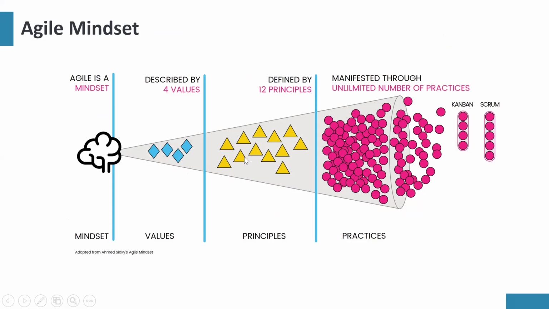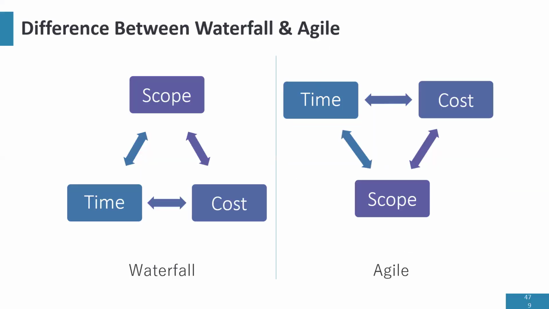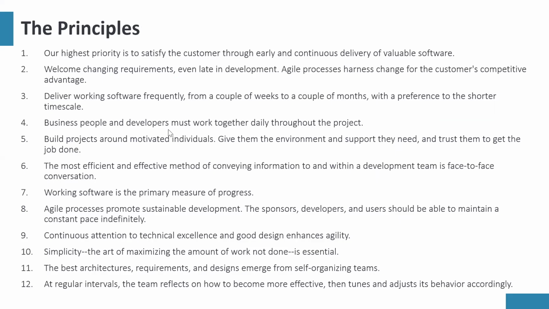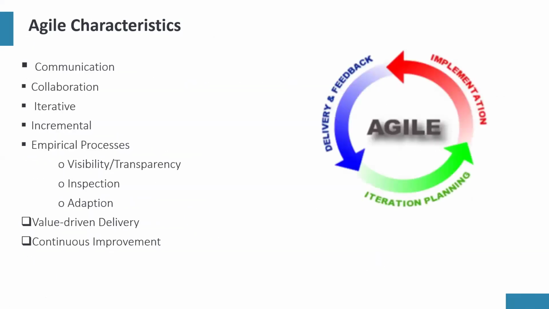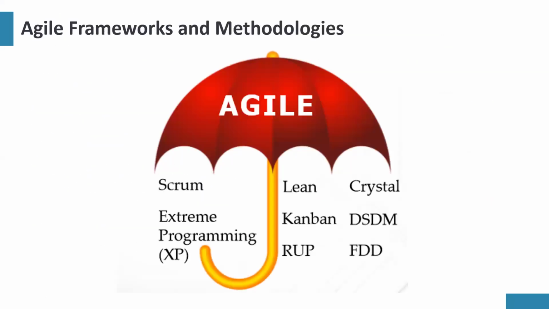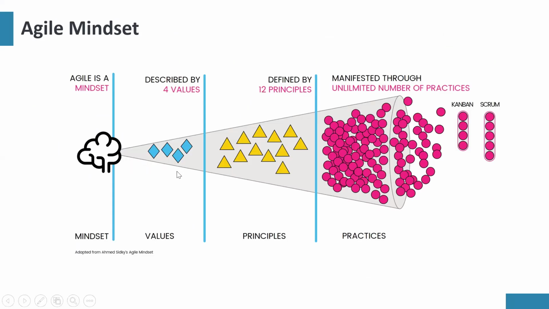That comes immediately after the manifesto. So that means that to develop an agile mindset, you really have to understand the four core values and the 12 principles.